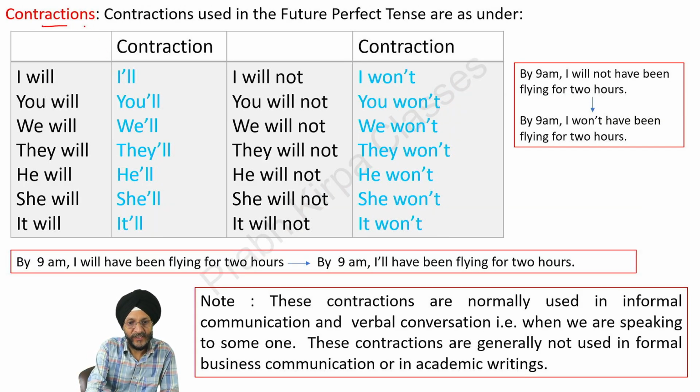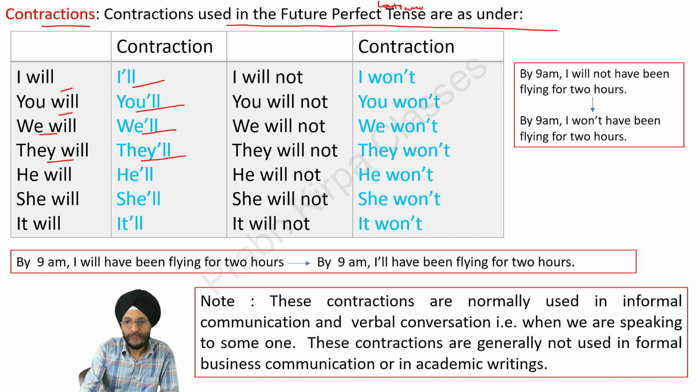Then there are certain contractions which are used in future perfect continuous tense. I will becomes I'll, you will becomes you'll, we will becomes we'll, they will becomes they'll. He will becomes he'll, she will becomes she'll.